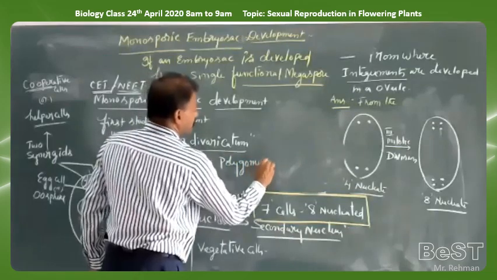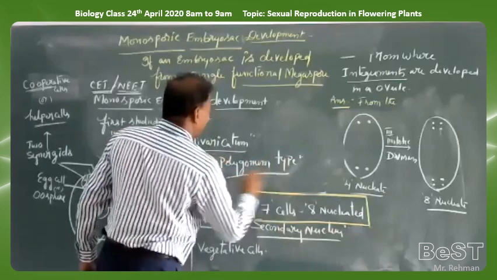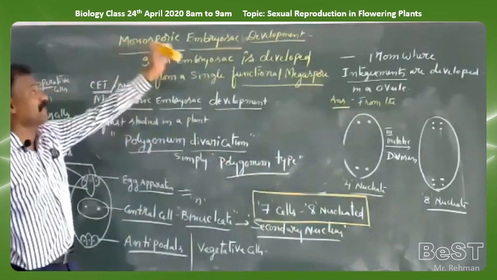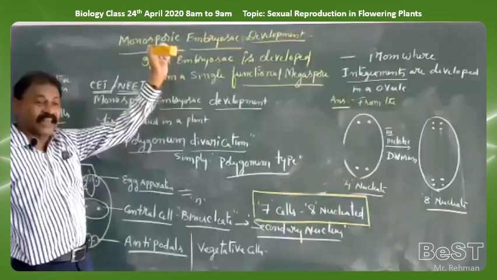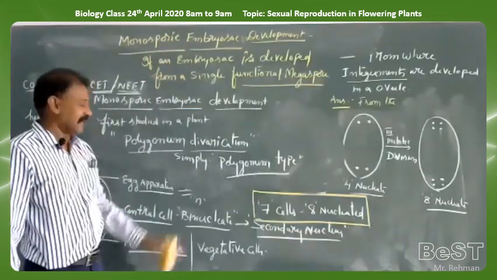What is Polygonum type? Development of embryo sac from a single functional megaspore, monosporic embryo sac development.